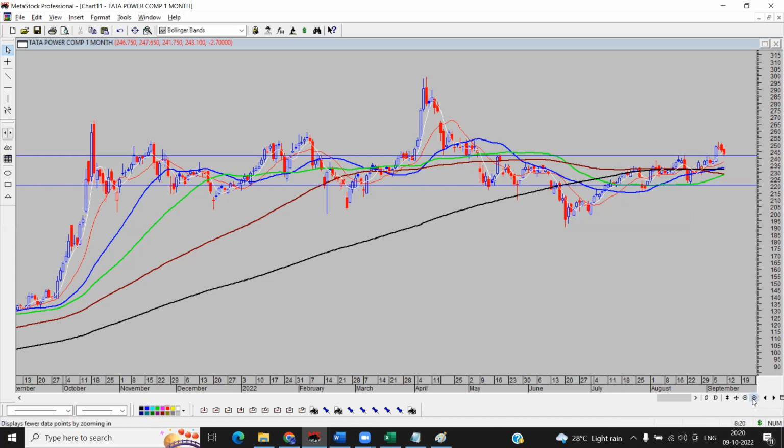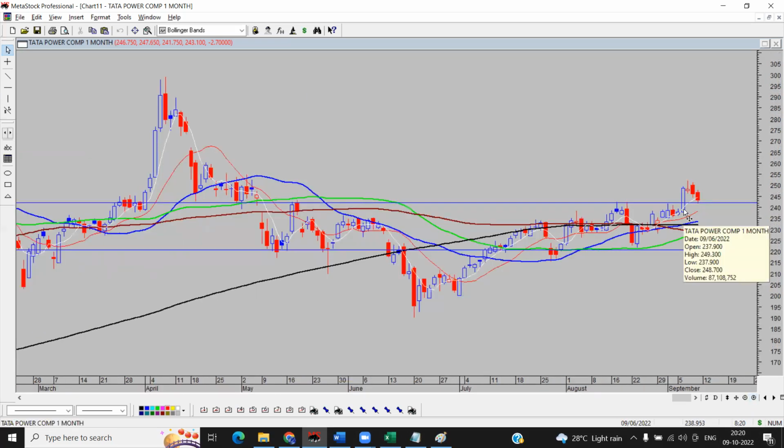The stop loss will be obviously 237.90, the low. Since it has turned upside, we are assuming that the uptrend will continue. Okay. See, not only that, it's quite a long bar. In last 3 days, it has just retraced to approximately 50% of the bar. So there is no reason right now.